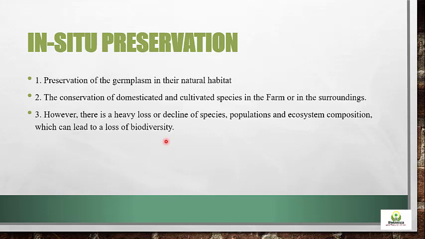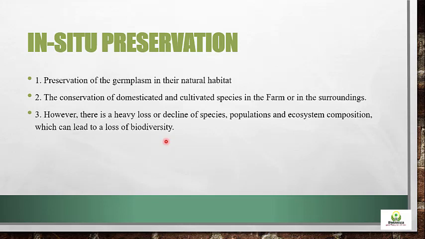Because of that habitat loss, the ecosystems are lost, and those plants which were present in that particular area are now not available, because some species are very restricted to their habitat, what we call the micro habitat, and you will not find that species beyond, for example, a 1 to 2 kilometer area.